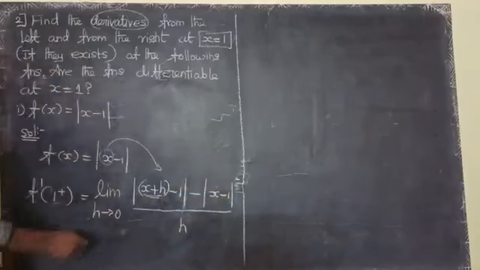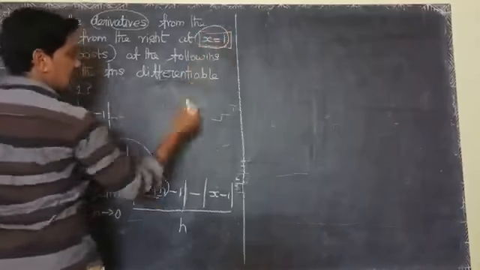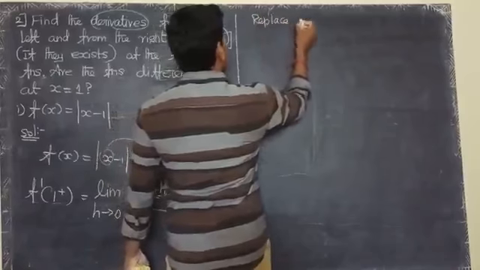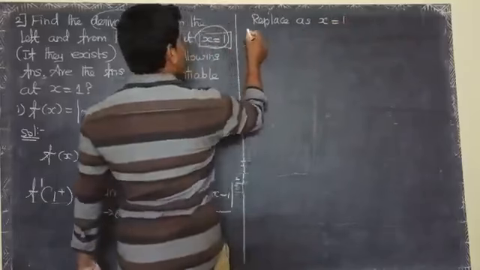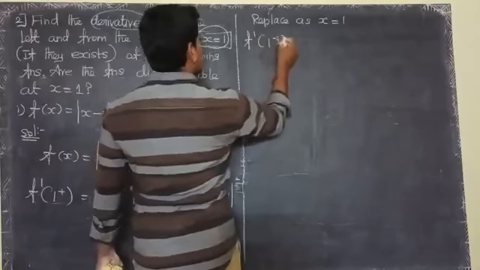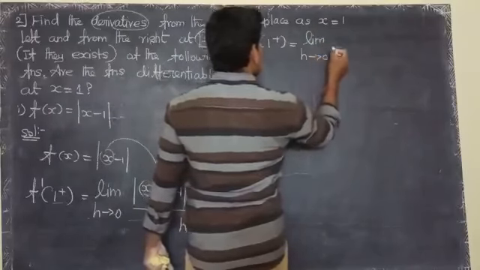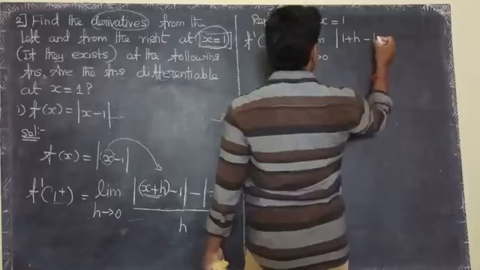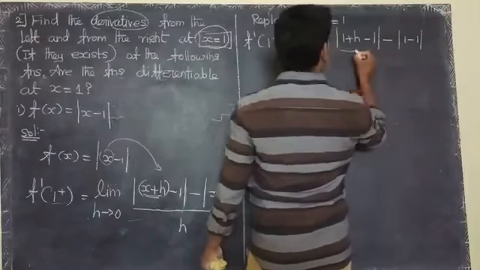To check whether the given function is differentiable at x equal to 1, replace x equal to 1. That is, f dash of 1 plus equals the limit as h approaches 0 of modulus of 1 plus h minus 1 minus modulus of 1 minus 1, divided by h.